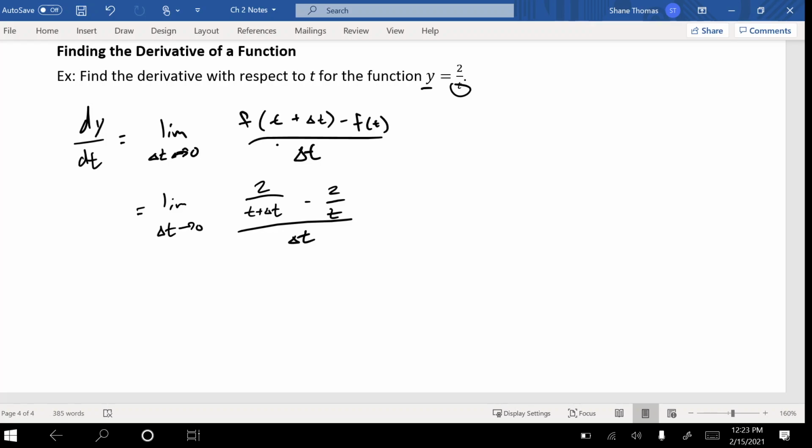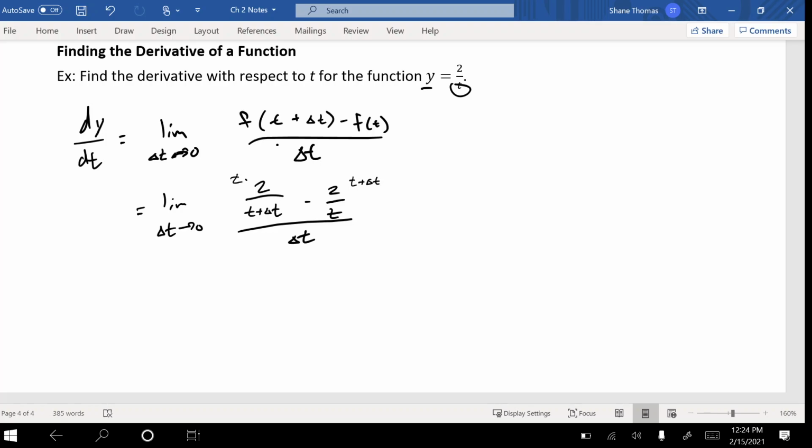Now in this case, let's find a common denominator for the top. The common denominator for the top is going to be t times t plus delta t. So therefore, I'm going to have to multiply this guy by t, this guy by t plus delta t, just like simplifying radicals like we did before.